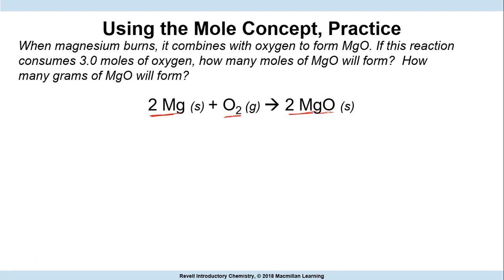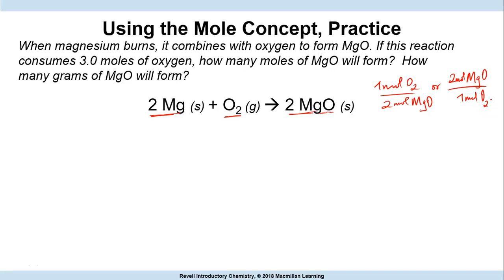Now, let's convert from moles of oxygen to moles of magnesium oxide. For us to be able to do that, we have to look at the balanced equation, and we see that 1 mole of oxygen gives us 2 moles of magnesium oxide, or 2 moles of magnesium oxide is 1 mole of oxygen.